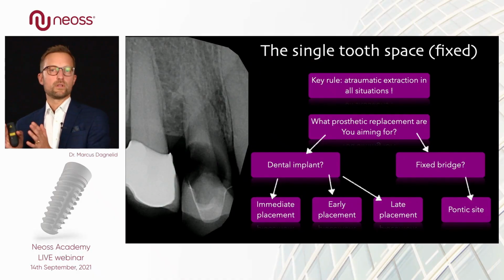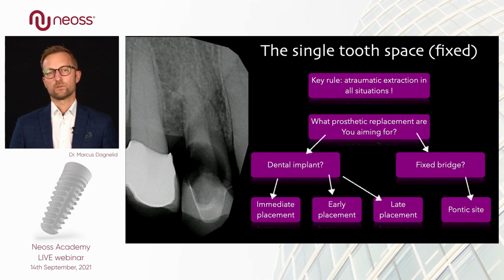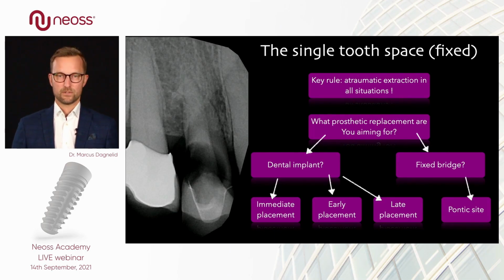Now, I'm going to show you some different cases here. And this could be sort of a scheme and a walk-through as to what type of cases you could actually choose when you go home and practice tomorrow. So if we look at the single tooth space first, and we're talking about a fixed partial denture. So this is not an implant case, but a normal bridge case.